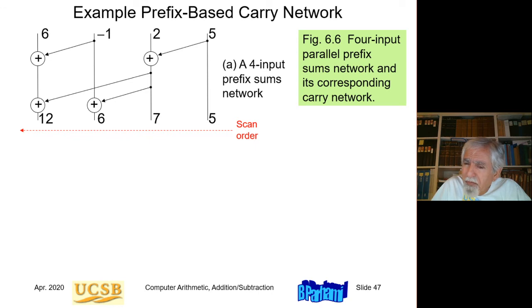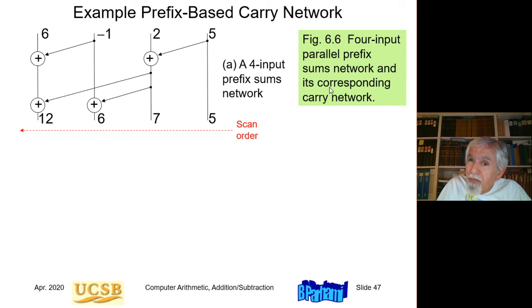First of all, because the last output is the sum of 4 numbers, and I have 2-input adders, no matter how hard I try, I will need at least 2 levels of adders in my circuit. And this circuit actually uses 2 levels of adders. So I can't do it with fewer than 2 levels of adders, or log base 2 of 4. So it's the fastest possible circuit, but it does some sharing.